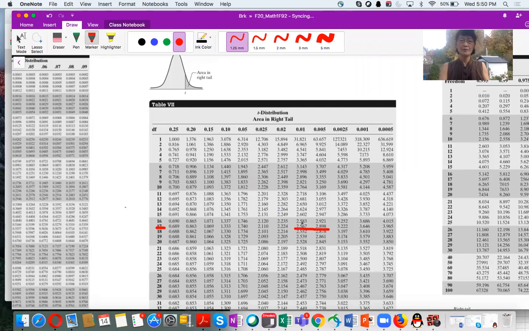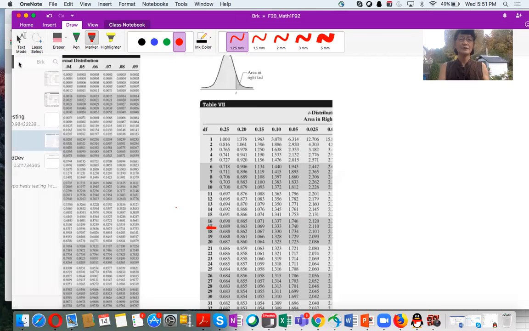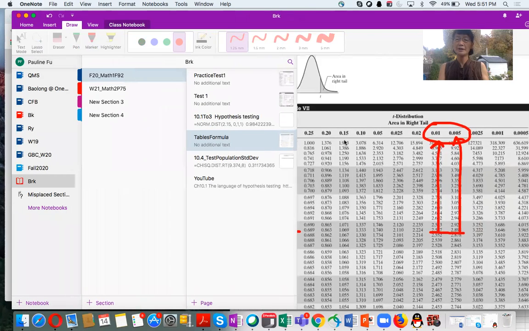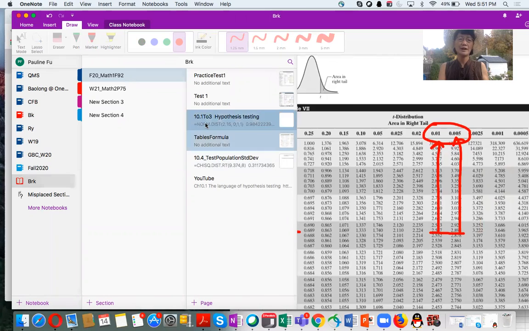Once you locate these two numbers, go up. So we conclude the area to the right of the test statistic is between 0.01 and 0.005, and then you have to times 2.